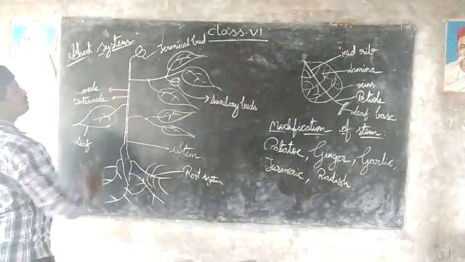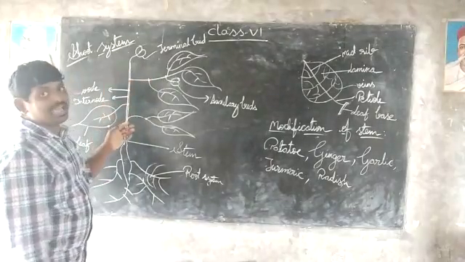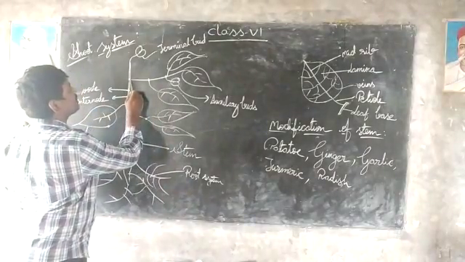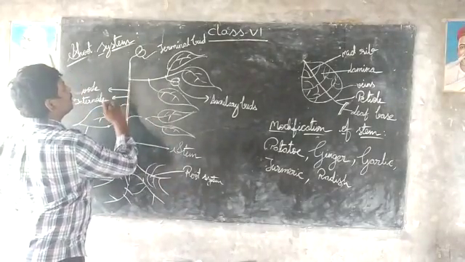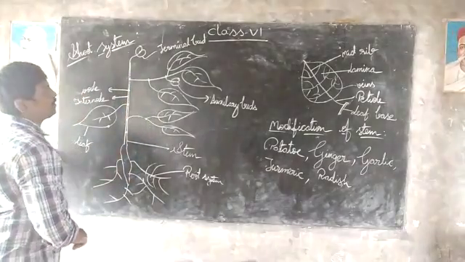At the place of nodes, the axils of the stem will be there. They will grow and start from the node point of the stem, these axil points.